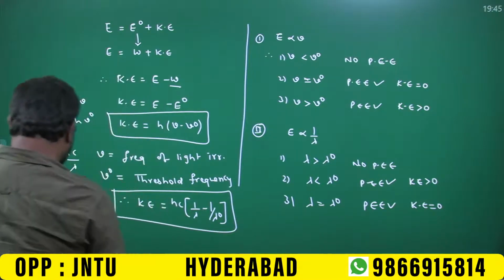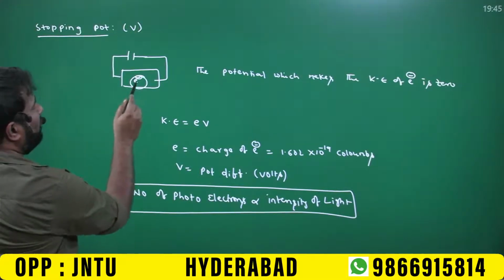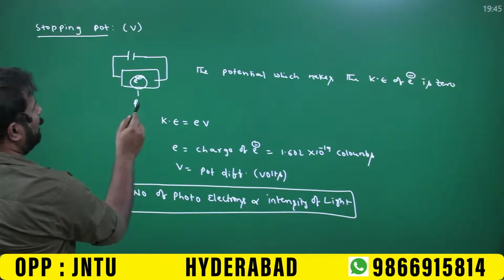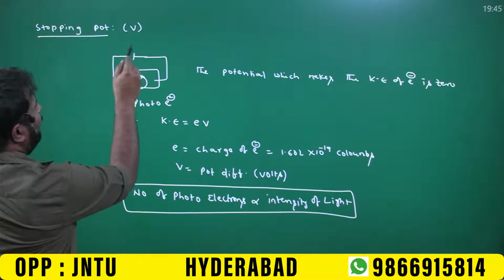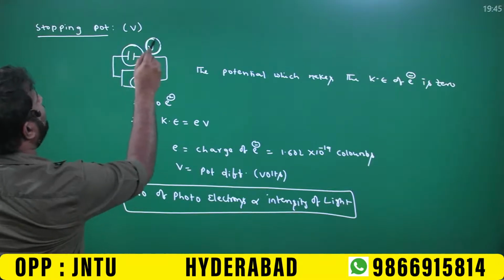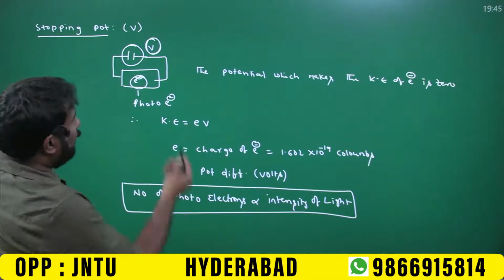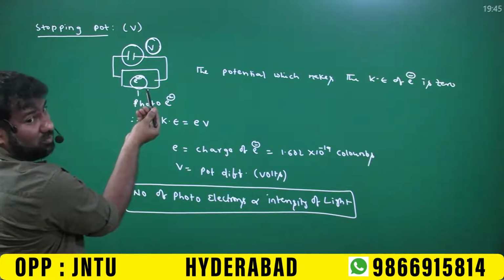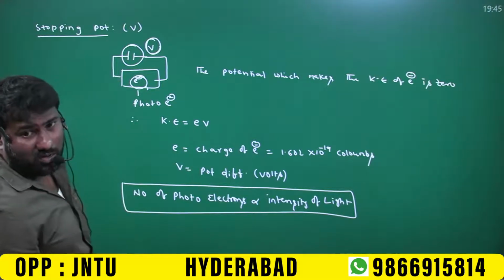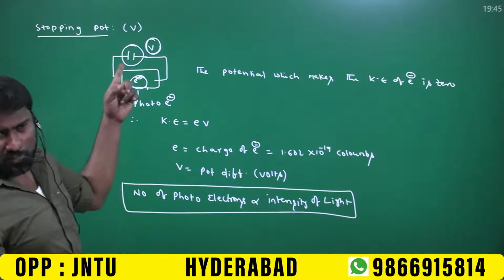Then the next one is stopping potential. If this is the photoelectron, and you place it under a certain electric field, applying an external potential difference, the potential difference which makes the electron kinetic energy zero is said to be stopping potential.